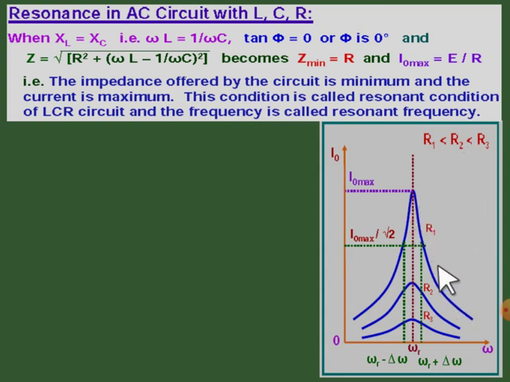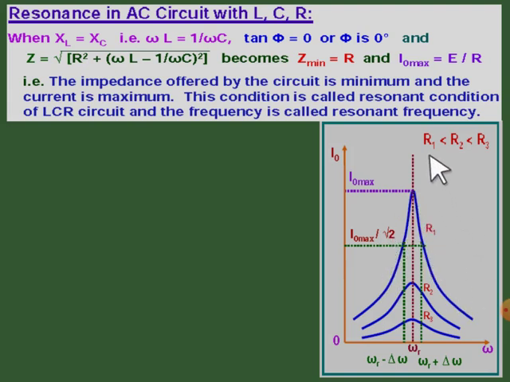We replace the resistor by three resistors whose resistances are R1, R2, R3. So when we draw the curve for different resistances in the LCR circuit, keeping L and C constant, and draw the graph between the current and the angular frequency, the curve will be obtained like this.